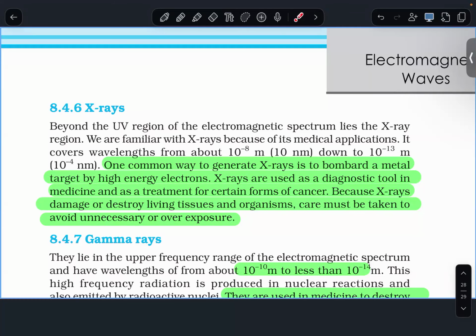Fast moving electrons, when they strike a target material, produce X-rays. X-rays are very helpful in diagnostics, particularly for human beings as well as metals, for finding flaws in metals. X-rays are used in medicine, for some cancer treatments. They often ask whether to use UV or X-rays. X-rays are used, we will see later, first X-rays.